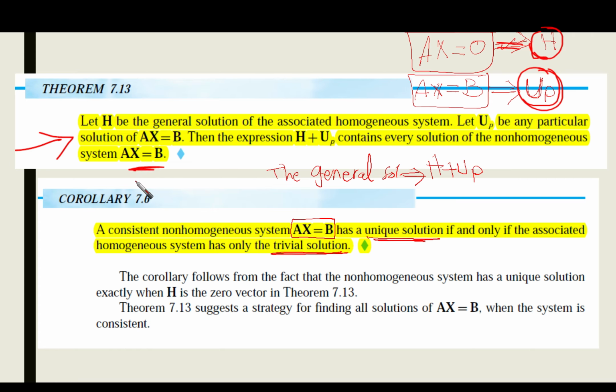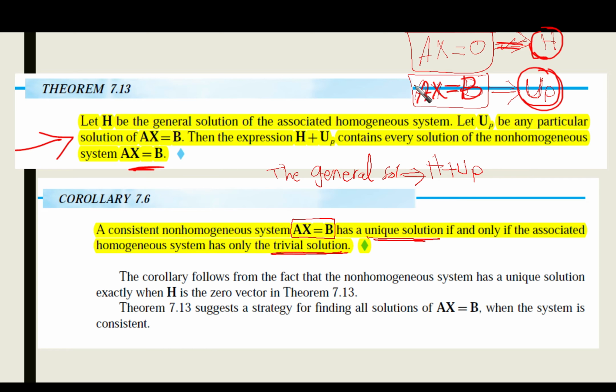to B. This is very similar to what we explained before when we were talking about differential equations, if you remember. So in general, if you have a non-homogeneous equation AX equal to B, its particular solution is going to be UP.